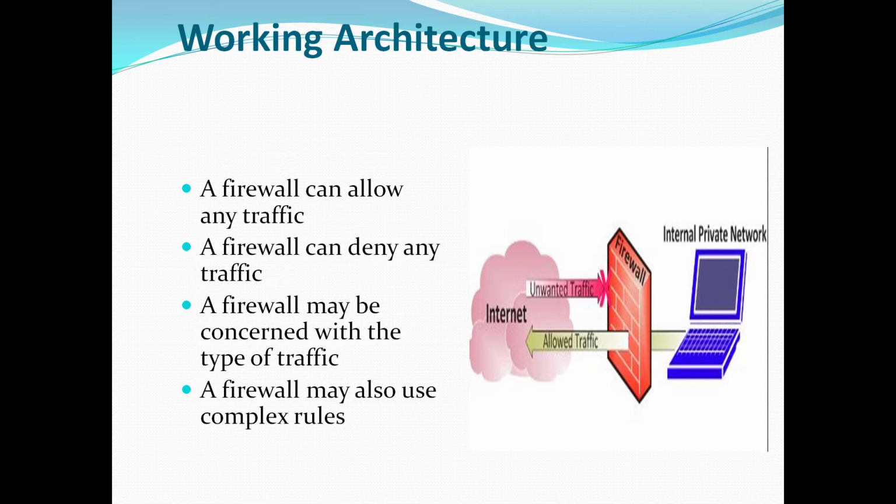The type of criteria used to determine whether traffic should be allowed through varies from one type to another. The firewall may be concerned with the type of traffic or with the source or destination addresses and the ports. The firewall may also use complex rules based on analyzing the application data to determine if the traffic should be allowed through.